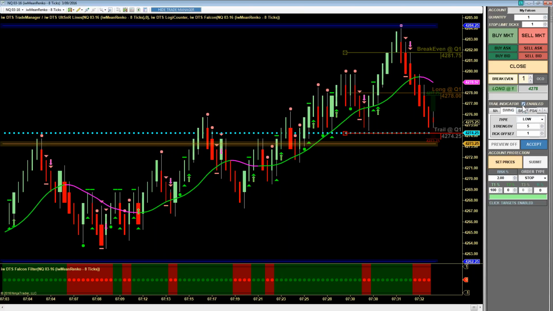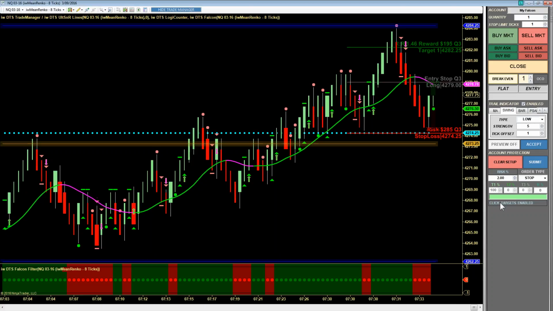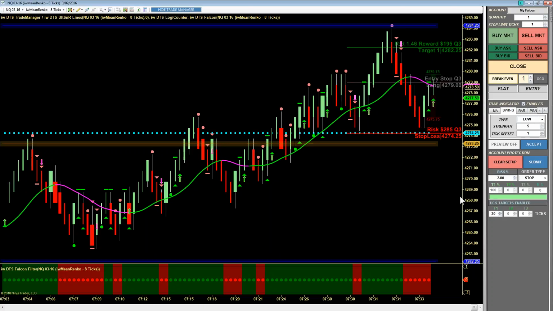All right, so chances are you did not have your trail indicator enabled. If you want your stops or your profit target to print, you do need to use the Trade Manager to set your profit targets. Well, actually, wait a minute.